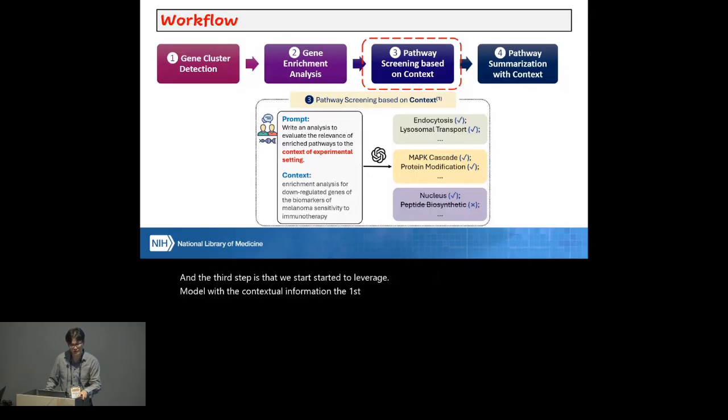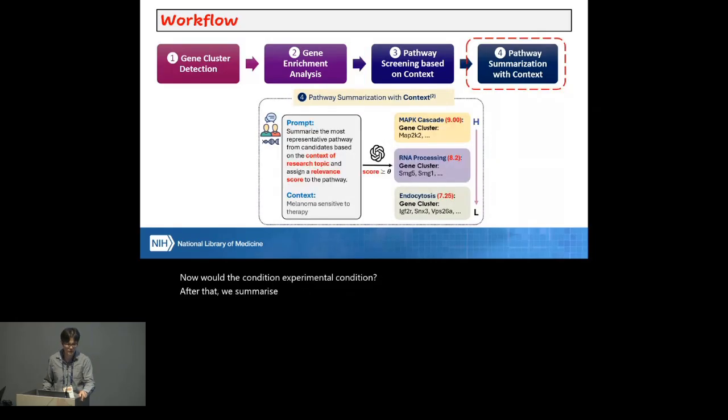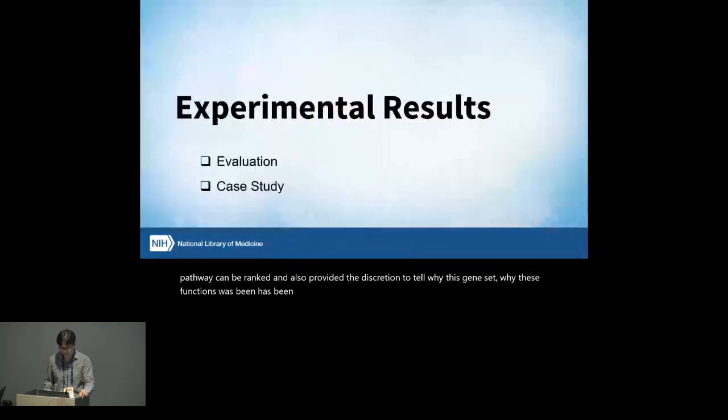The first part is to clean those pathways that are not aligned with the experimental condition. After that, we summarize the results and come up with a relevance score so the pathways can be ranked, and also provide a description to tell why this function has been selected.